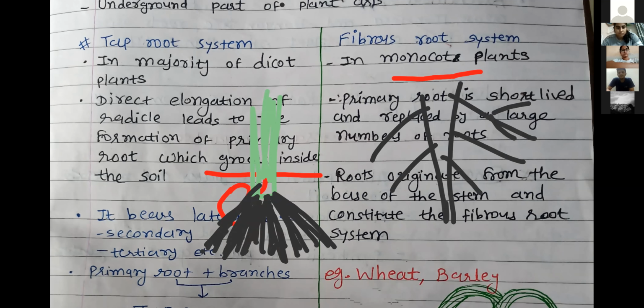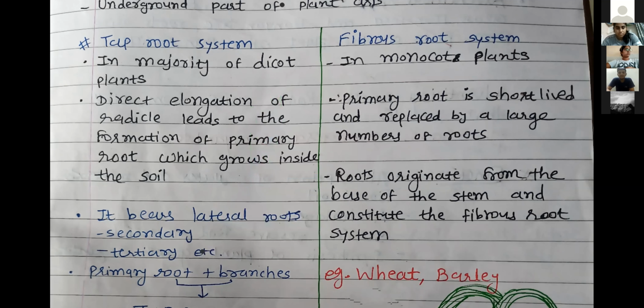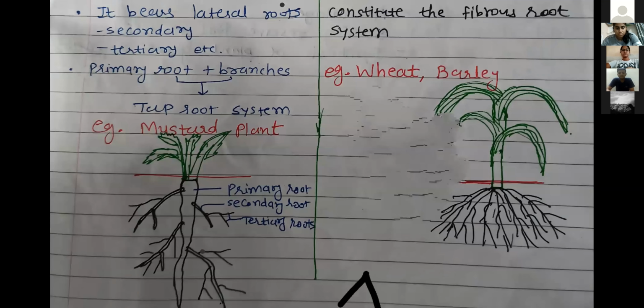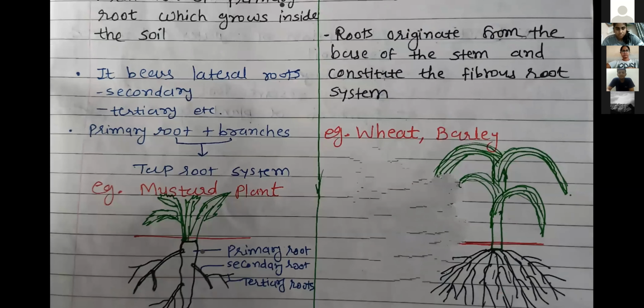We call it the fibrous root system. Now, in this fibrous root system, further, there is one point that we call adventitious root. That we call the which one? Adventitious root. Now, a simple example of adventitious root.